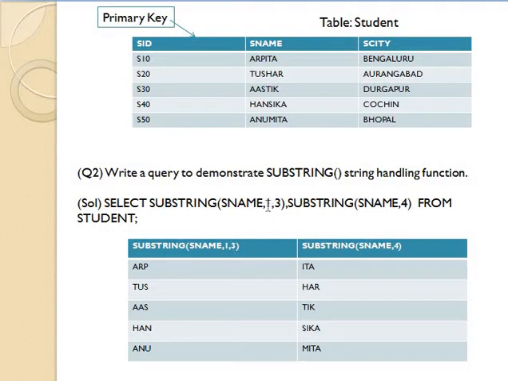Since the middle parameter is 1 and the last parameter is 3, I shall retrieve 3 letters starting from the first letter for each of these entries in the sname column of the table student, as the first parameter is sname. And upon doing that, for the column substring sname, 1, 3 in the output table, I shall see only 3 letters.